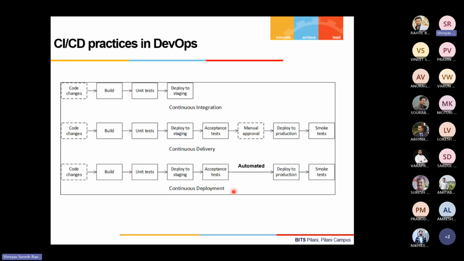Automatically, once everything is successful, the code will be deployed to production. Now I want to hear from you, in your organization, which of the two mechanisms you use. Once the acceptance tests are done, will there be a manual approval before moving into production, or is it automated?